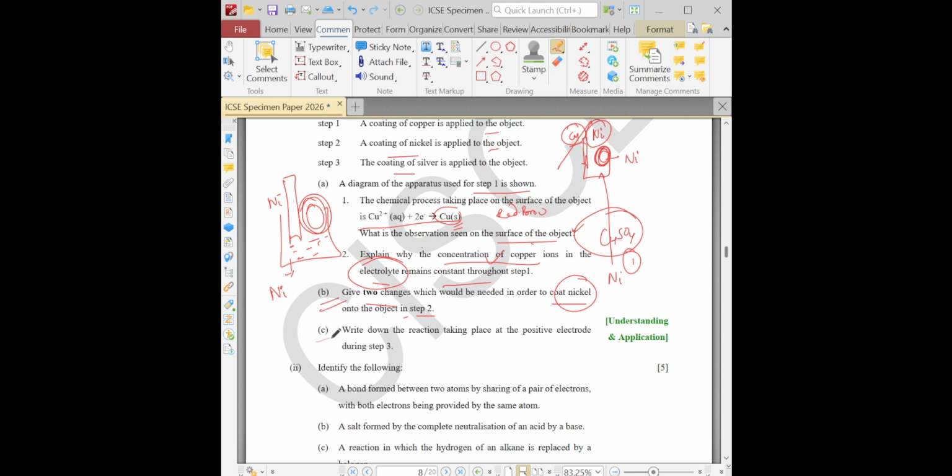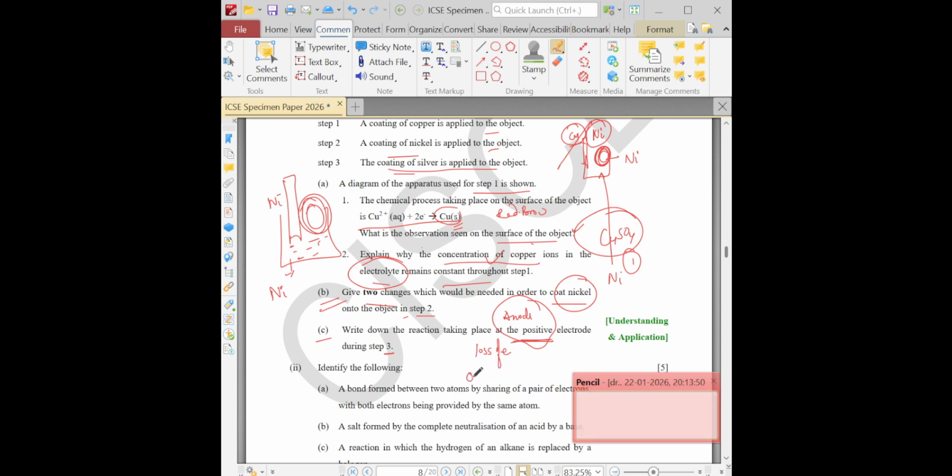Then we talk about the third part. What is the reaction that is taking place at the positive electrode in step 3? Now step 3, what is happening? In step 3, there is deposition of silver. Now you have got 2 electrodes. The first one is the anode and it is positively charged. So what is happening? From the anode there will be loss of electrons.